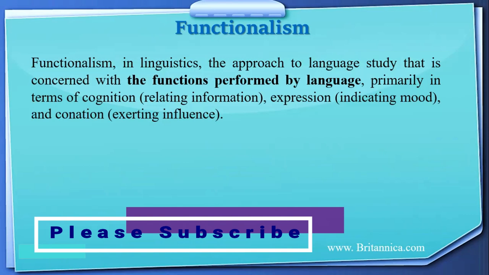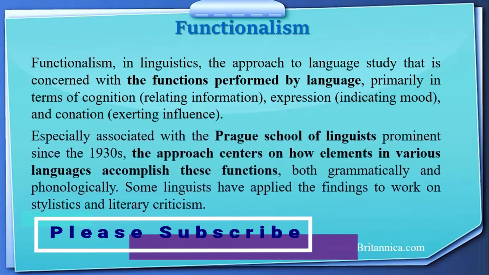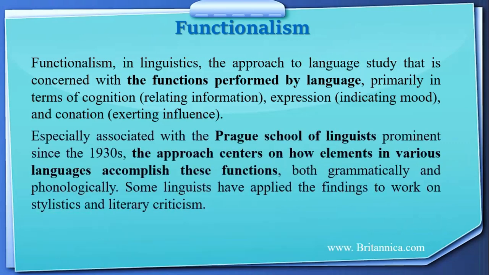Sometimes we express our mood through language, or we express what we think with others. These functions are especially associated with the Prague School of Linguists, prominent since the 1930s. The approach centers on how elements in various languages accomplish these functions, both grammatically and phonologically. Some linguists have applied the findings to work on stylistics and literary criticism.